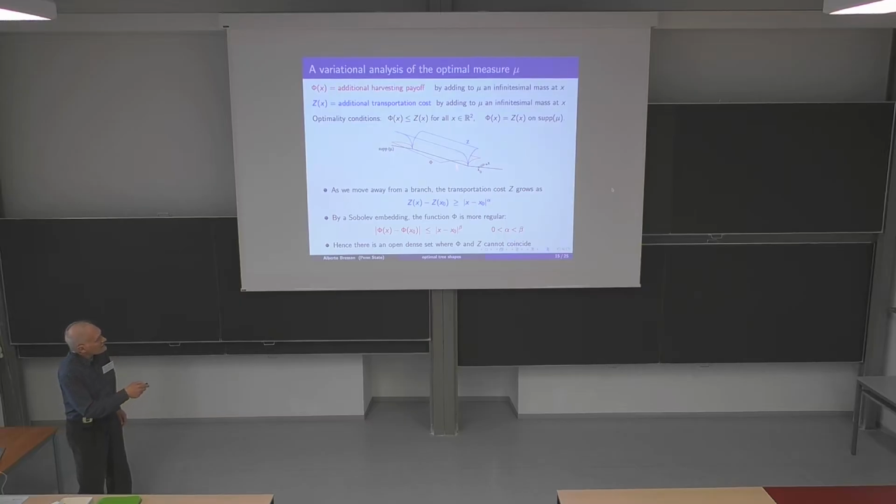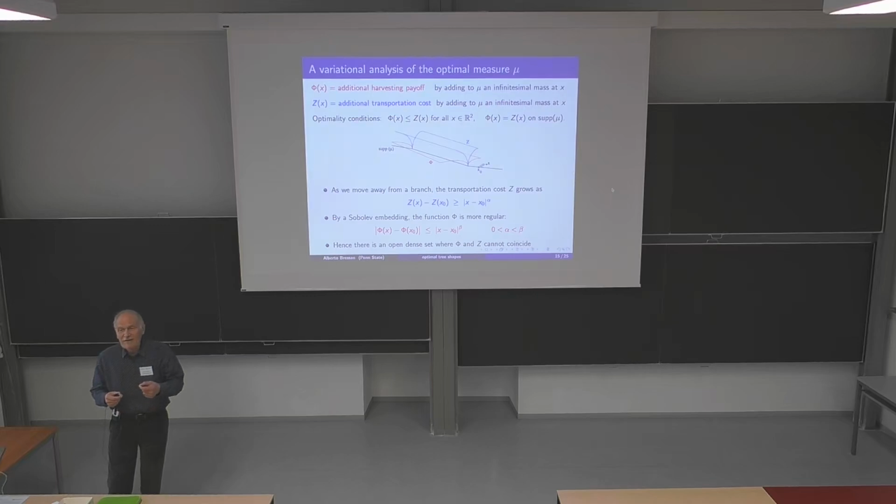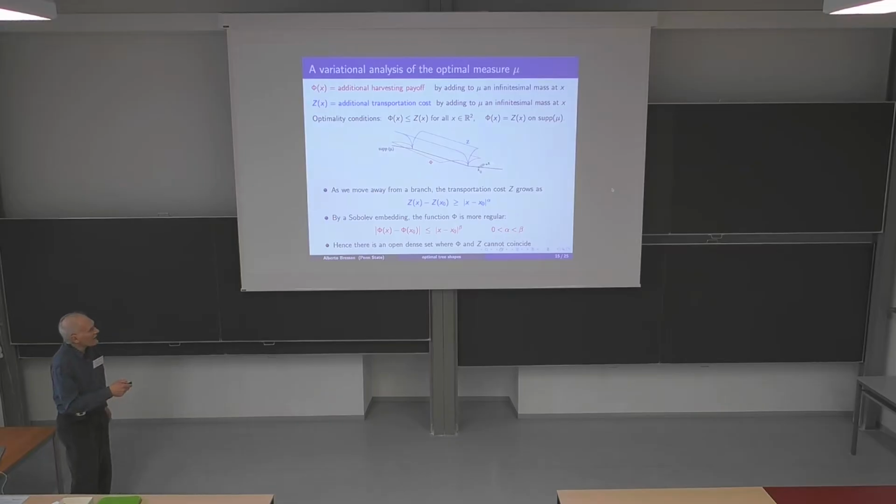So it is small along the big branch, because moving along a big branch is cheap. If you want to move along small branches, then it's expensive, right? So if you move away, then it immediately becomes a lot more expensive, like |x minus x naught| to the power alpha, right? Alpha is small.